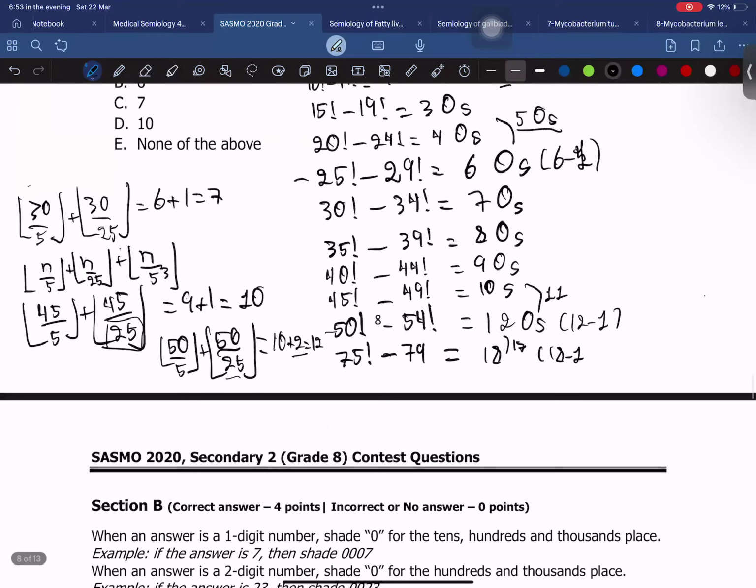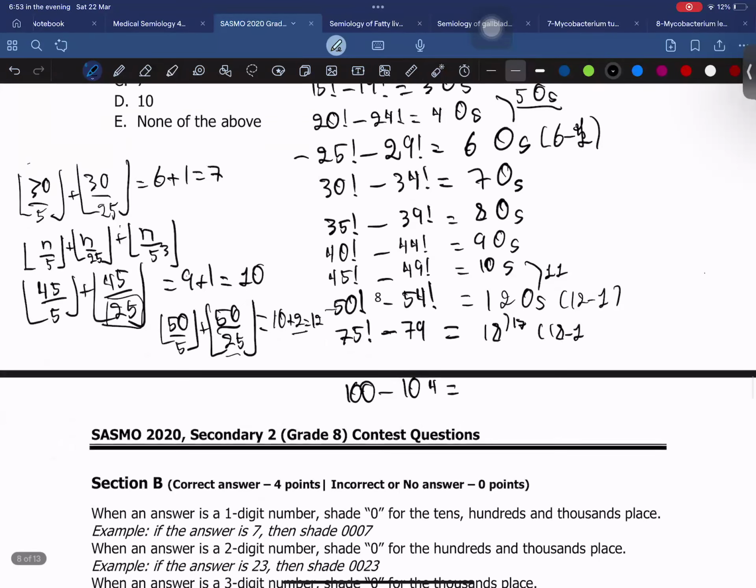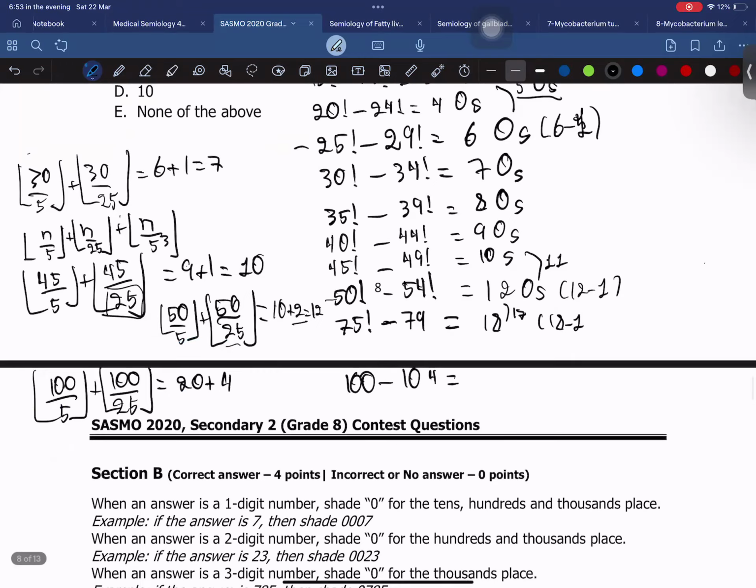Okay, so after that we have 100 until 104. What do we have here? We're going to have something that will surprise you again. It's 100 divided by 5 plus 100 over 25, which means 20 plus 4. See, there's something different again.